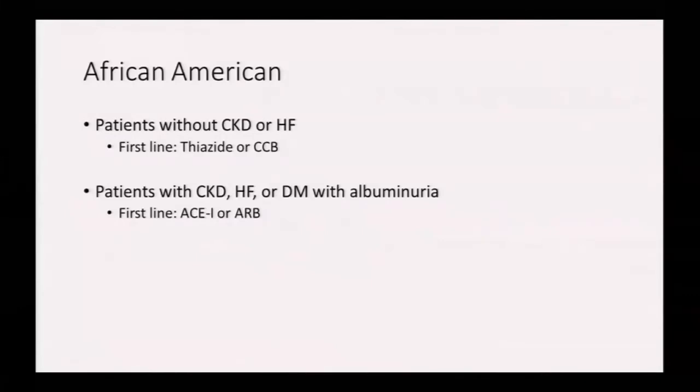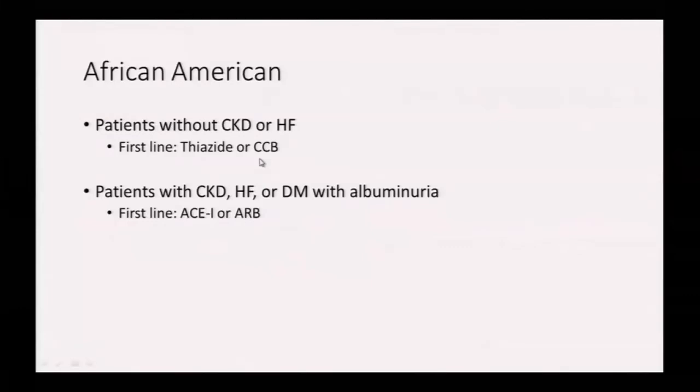Now, if our African American patients have chronic kidney disease, heart failure, or diabetes with albuminuria, which is defined as urine albumin more than 300 milligrams a day, then our first line should become ACE inhibitor or ARB, just like the first line for white people. So they're all part of the primary agents, but it's a preferred agent that we should use for our African American patients.